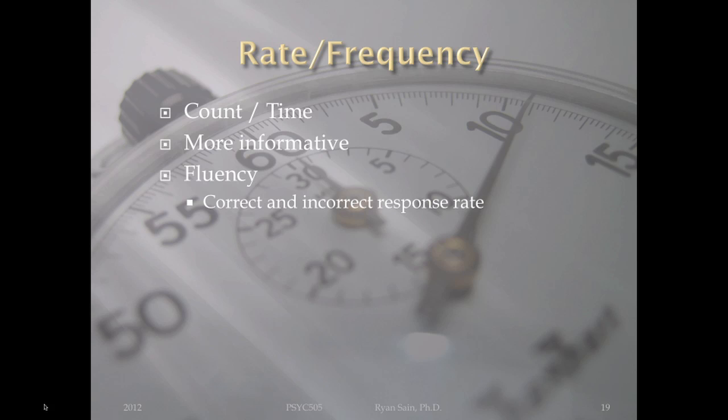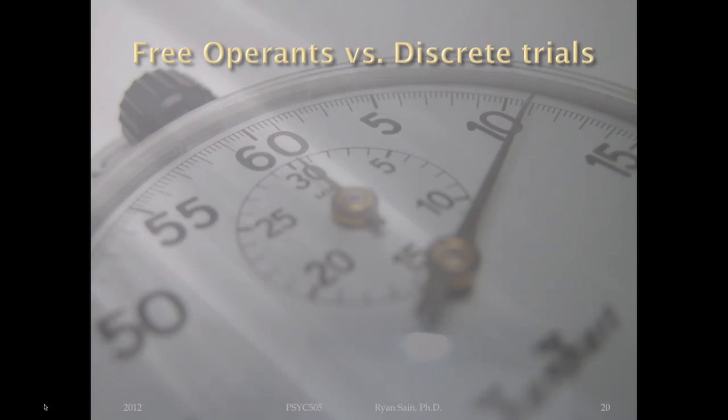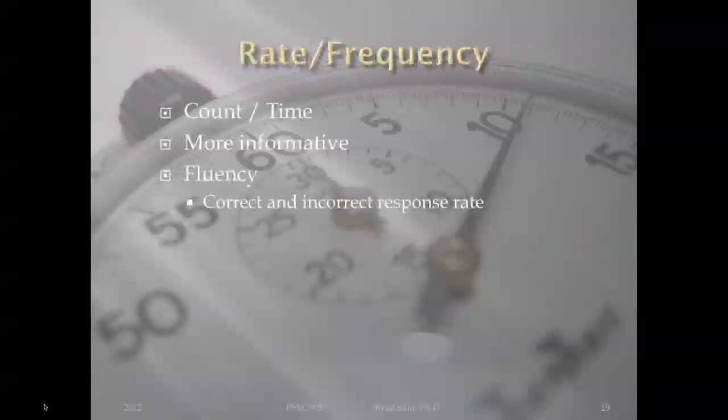Fluency is defined as correct and incorrect response rate, and we look at a proportion of that and all those types of things. There's 100 different ways to calculate it, but the point is that you're always looking at a rate. So the amount of words spoken correctly per minute, that's a rate. That's what we're after. So whenever you can, always collect rate data versus frequency data.